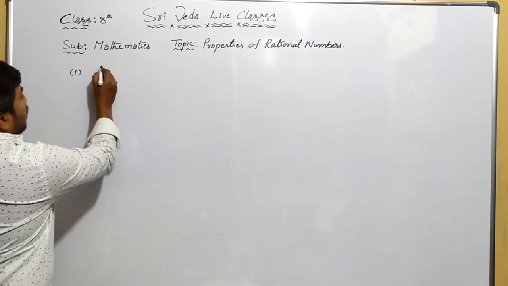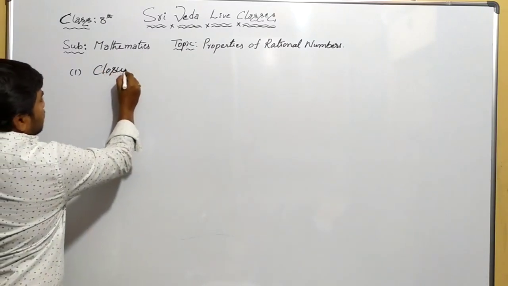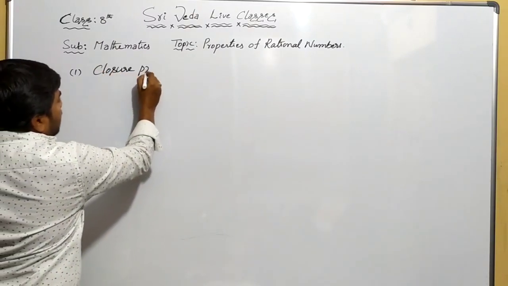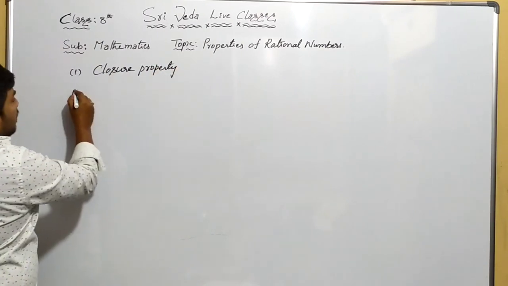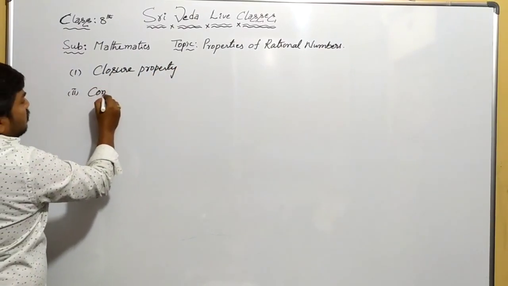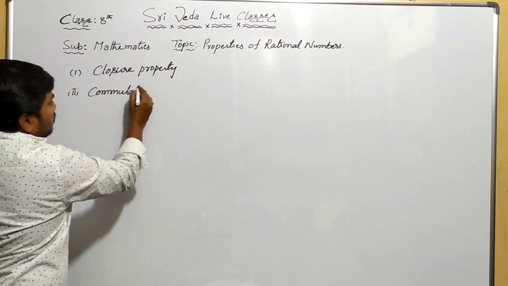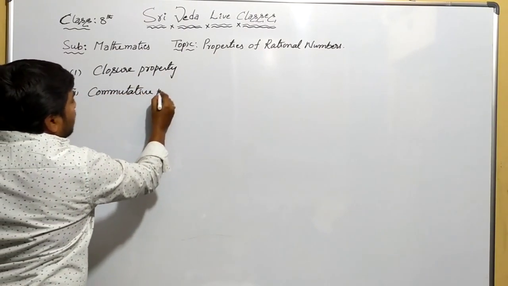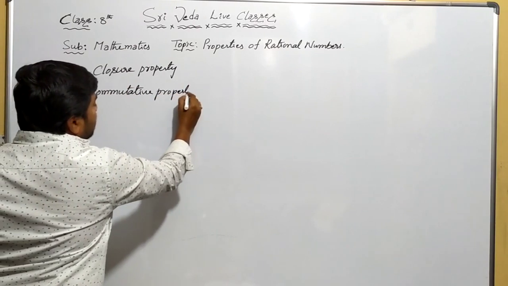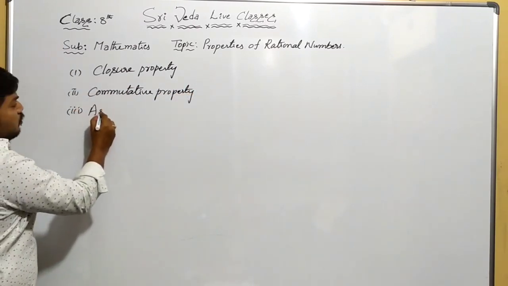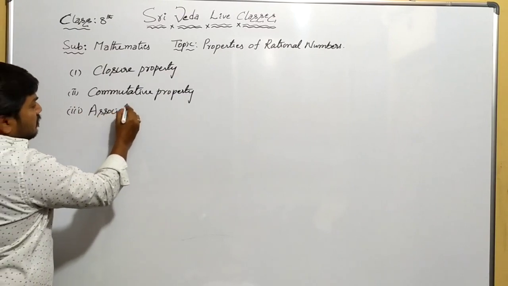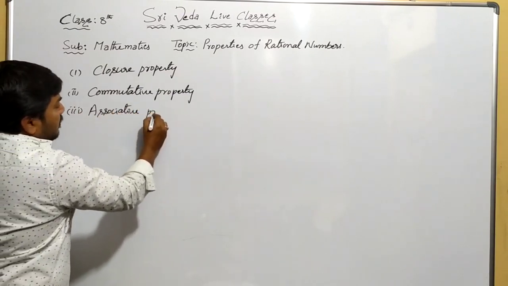First of all, closure property. Second one, commutative property. Next, third one, associative property.